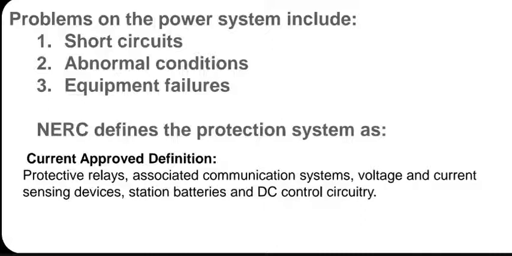Then there are other things. I'm going to go through them one by one, but this is the definition of protection system. Protective relays. Relays essentially are low current devices that allow the high current or high voltage equipment to be controlled.